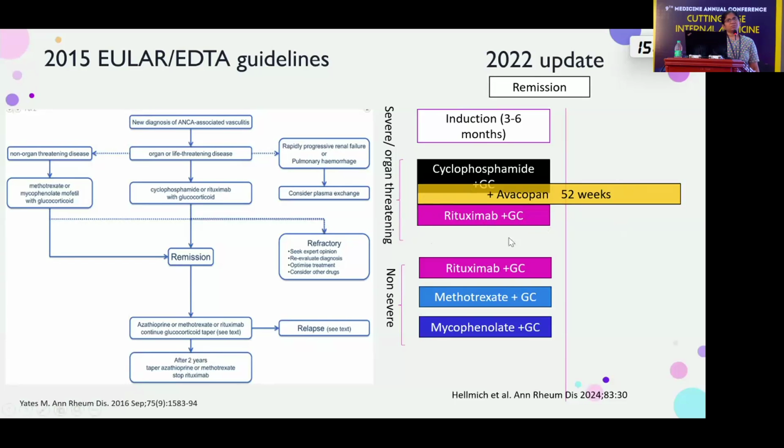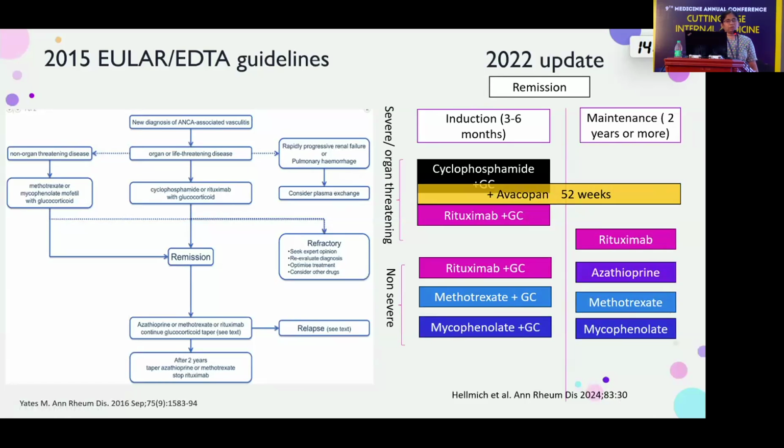Rituximab has found its place; it has become a dominant drug as far as induction as well as maintenance of remission is concerned in patients who have severe organ-threatening disease. Whereas in non-severe disease, methotrexate and mycophenolate have taken a back step, whereas rituximab, along with glucocorticoids, has come into the forefront as far as the maintenance of immunosuppression is concerned.